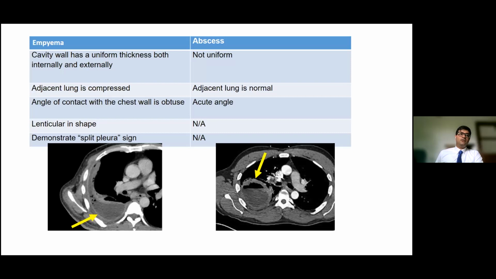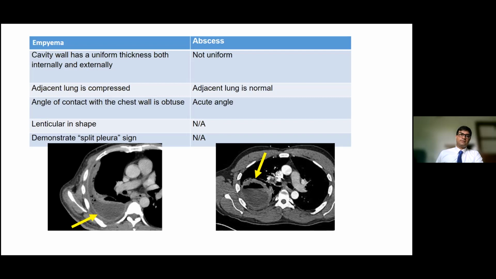In case of an empyema, the cavity wall has a uniform thickness, both internally and externally, as shown in the diagram, the adjacent lung is compressed, and the angle of contact with the chest wall is obtuse. However, in case of an abscess, the abscess wall is very irregular, the adjacent lung is normal, and it forms an acute angle with the chest wall. In empyema, the shape is lenticular and demonstrates the characteristic split pleura sign, which is absent in lung abscess.